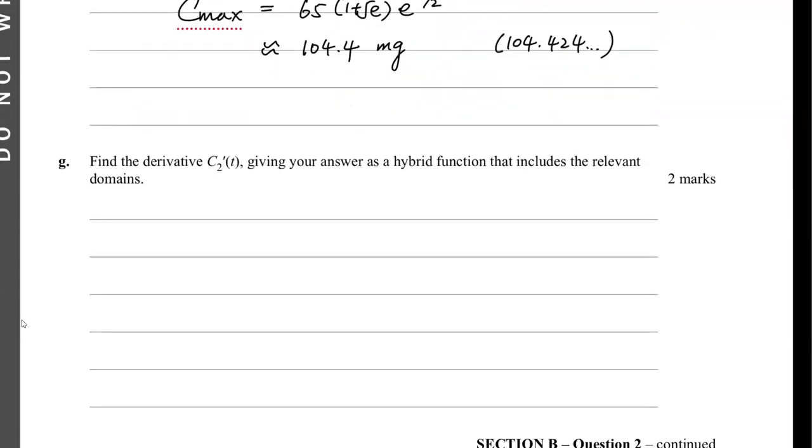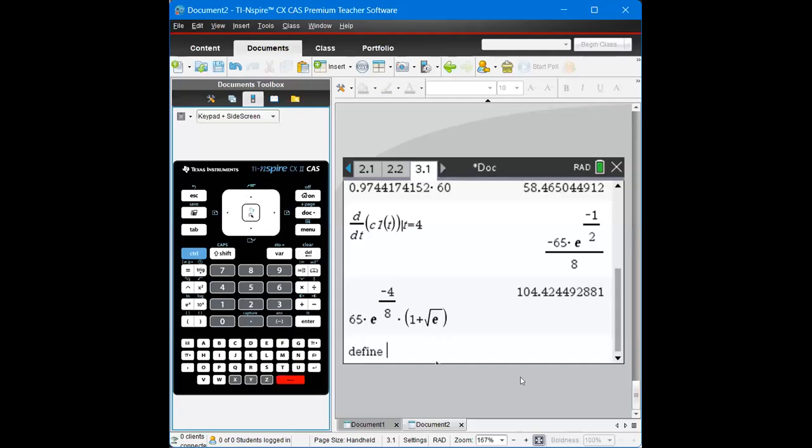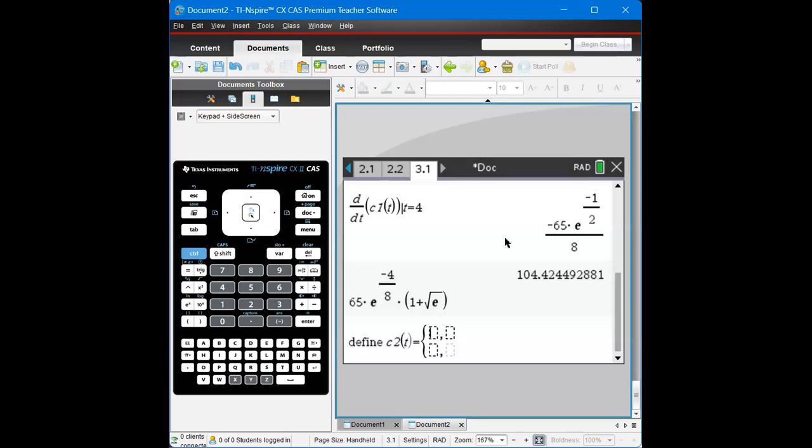Okay, find the derivative C2 prime of t, giving your answer as a hybrid function, and that includes the relevant domains, 2 marks. So what I'm trying to do with my CAS calculator, well, you can define C2 of t equals the hybrid function template, let's say 65 exponential minus t over 8 for 0 less than or equal to t less than 4.